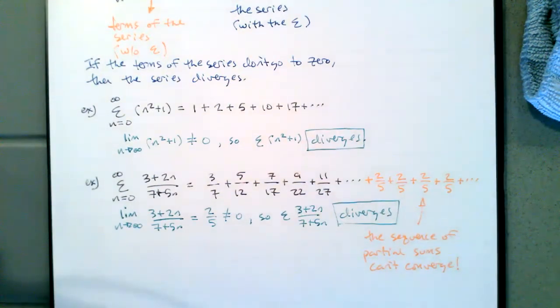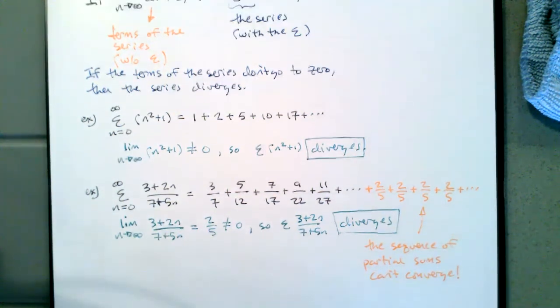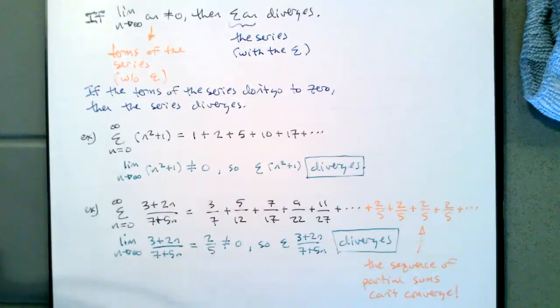This is all because if the terms of the series don't go to 0, then the series diverges. If the limit as n goes to infinity of a_n is not 0, then the series a_n diverges.